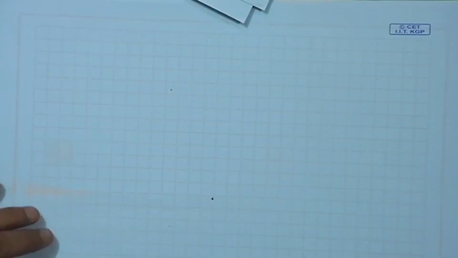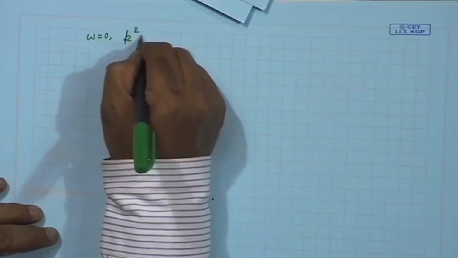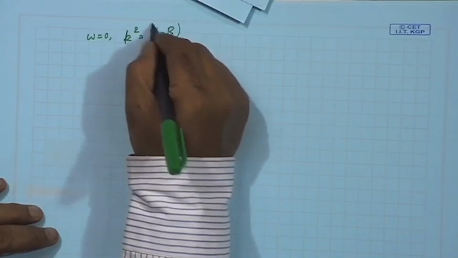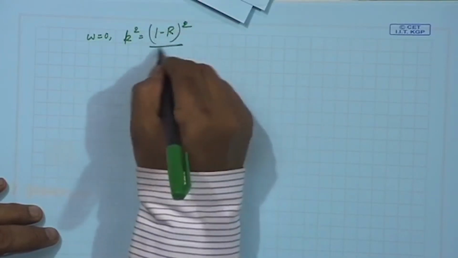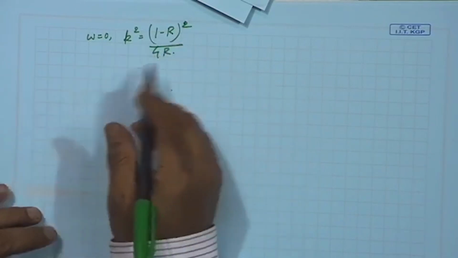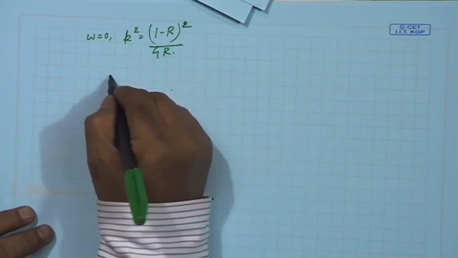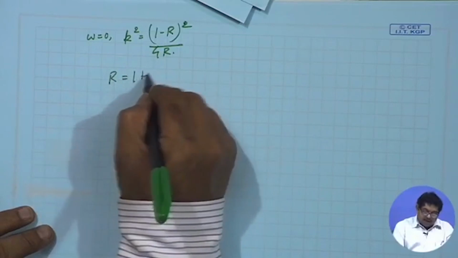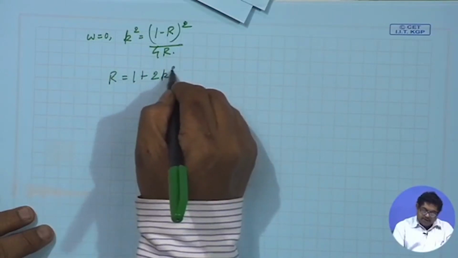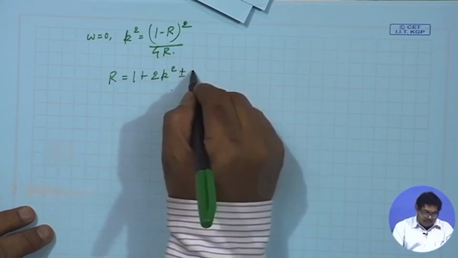So, you know that at omega is equal to 0, k square is 1 minus r whole square by 4 r. So, from here you can solve for r as a function of k square or k.